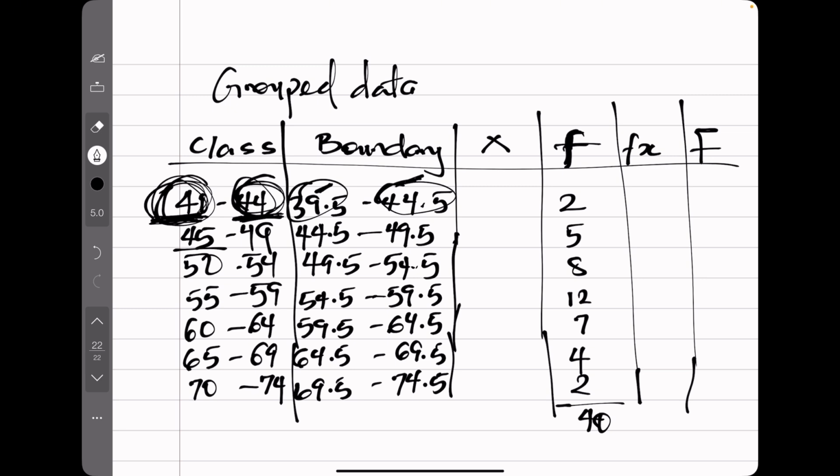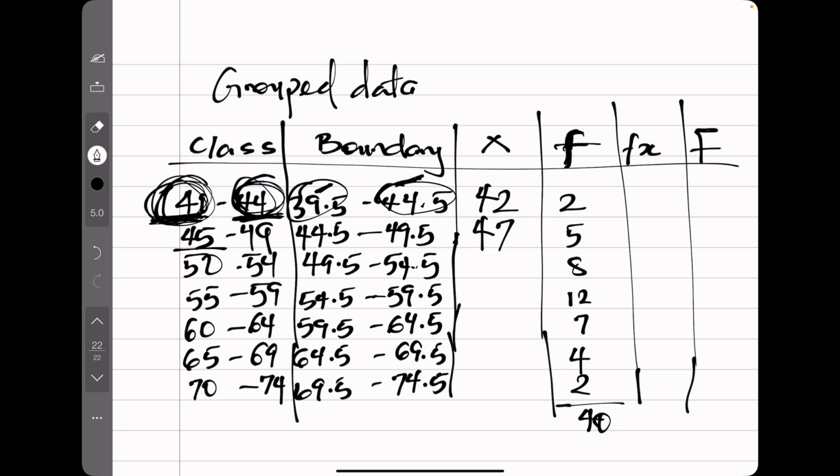Let's start with the first: 39.5 plus 44.5 divided by 2 gives 42. Then the next, 44.5 plus 49.5 divided by 2, you have 47.